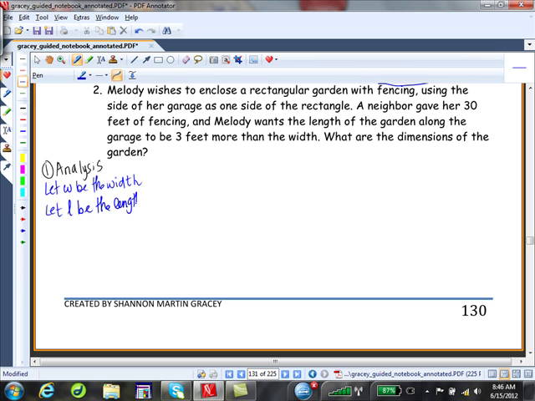And let's make our picture. So she has a garage, okay? So here's her garage. Say it's here. Okay, that's the garage. So the side of her garage is one side of the rectangle. So she doesn't need to buy any fencing for that side.